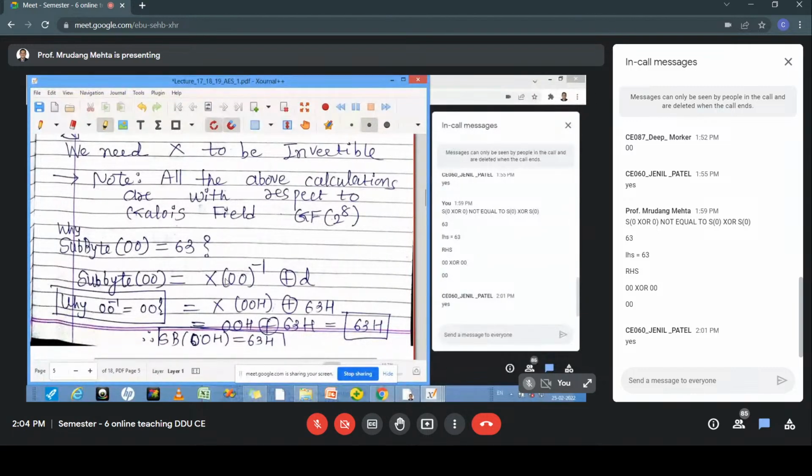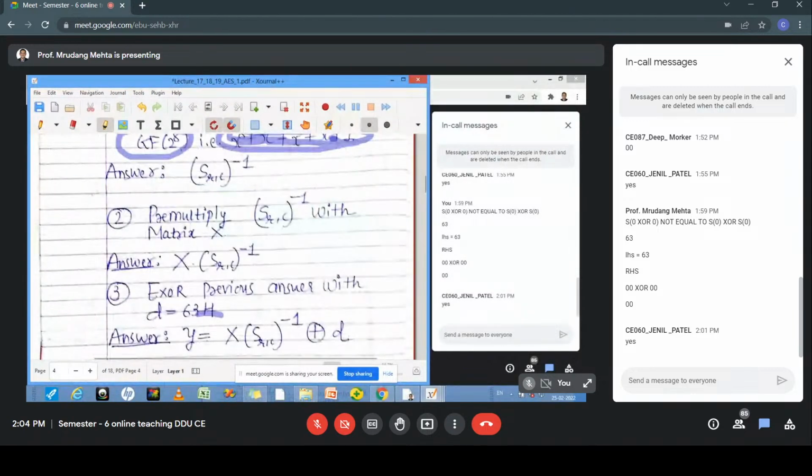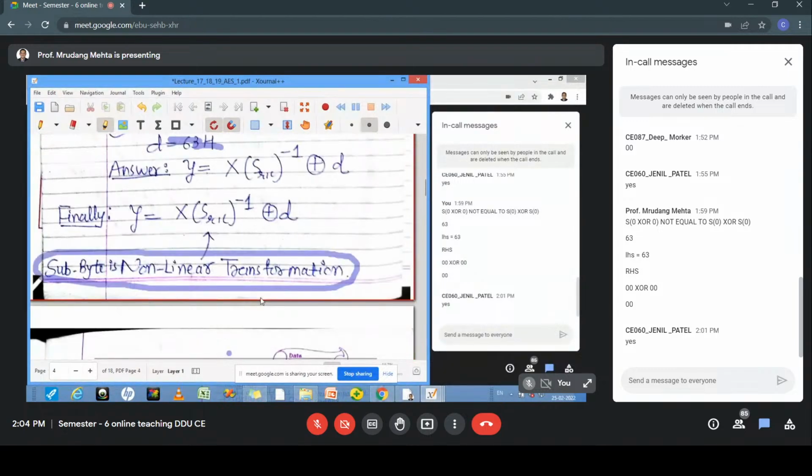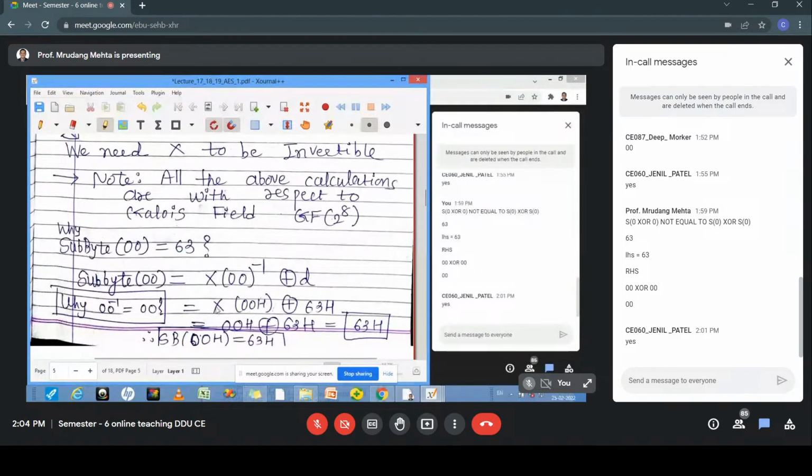X into SRC is 00 and its inverse, plus, meaning XOR, 63H, D equal to 63. This we have taken. See, D is 63. So what happens is now 00's inverse is 00.